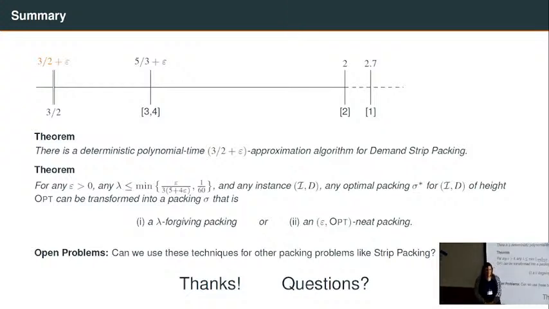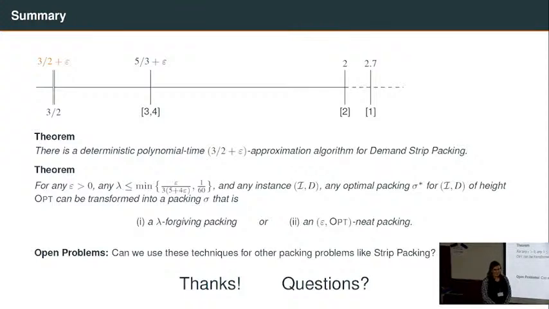Thanks, Colin. Questions? The lower bound of 3/2, does it come from bin packing? Yes. In that case, is it asymptotic?